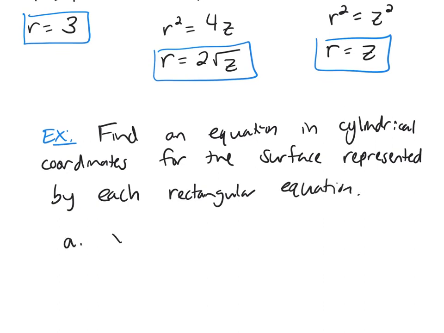Let's look at our first one, x squared plus y squared equals 4z squared. If you look up what kind of surface this is in that table, this is an elliptic cone.